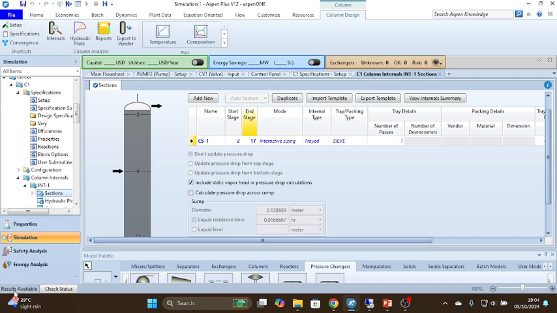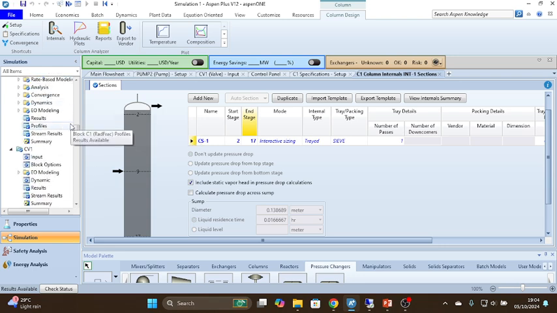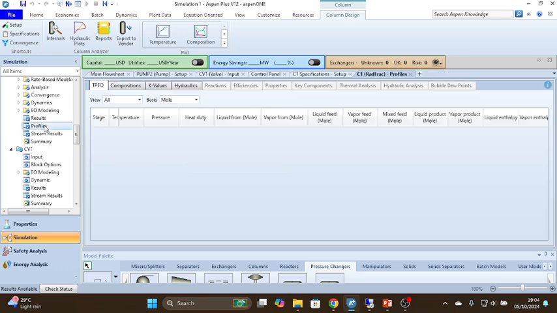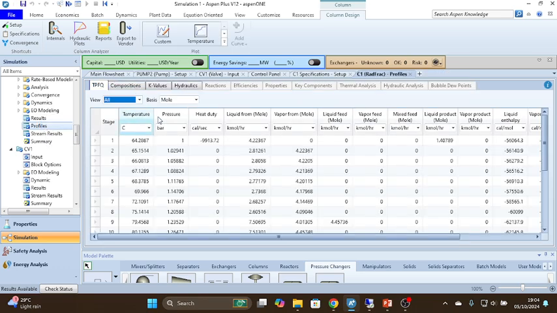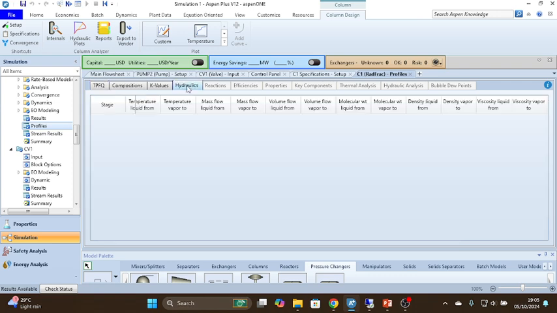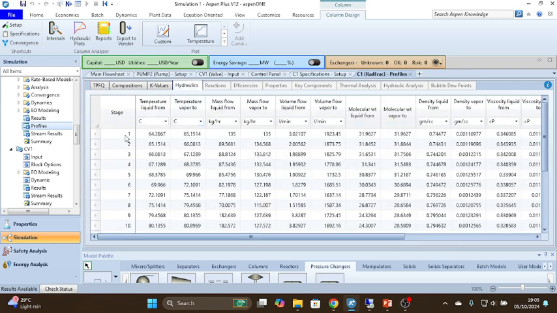You can see that results are available now. Another thing that we have to do is come to profile. Now you can see that apart from this, hydraulics is also given. So the flow rate across each stage is also available to us now.